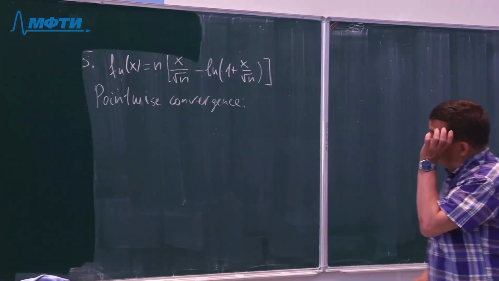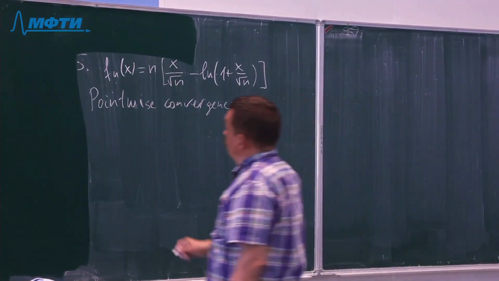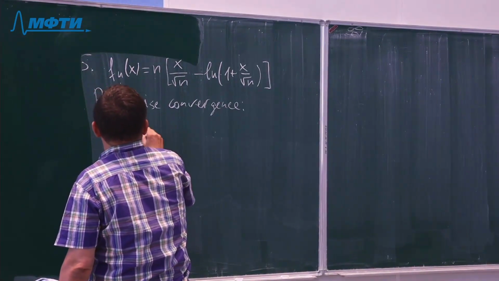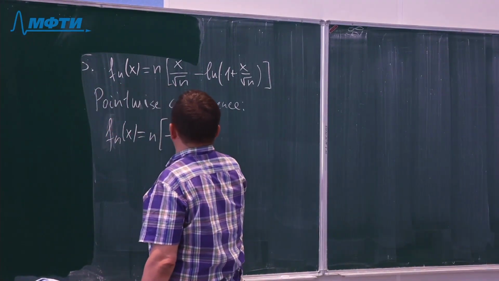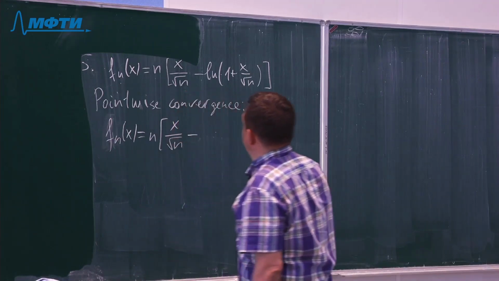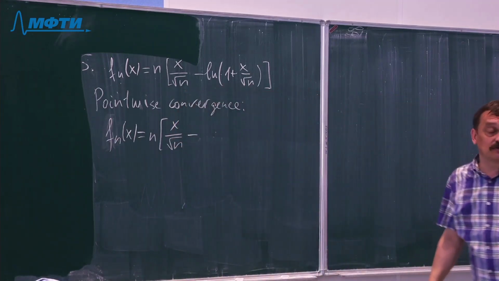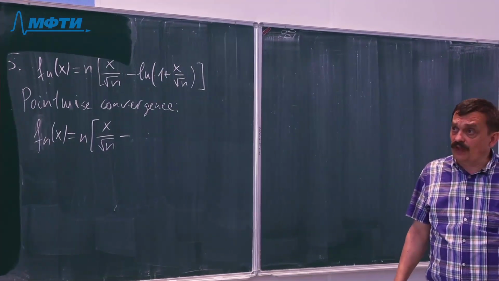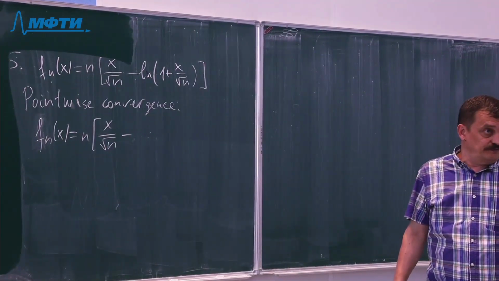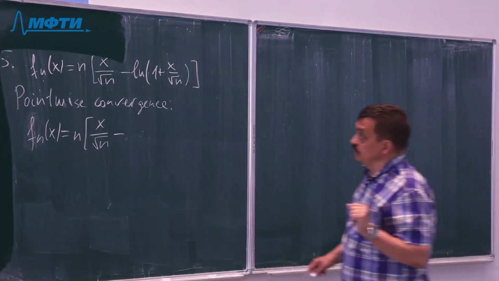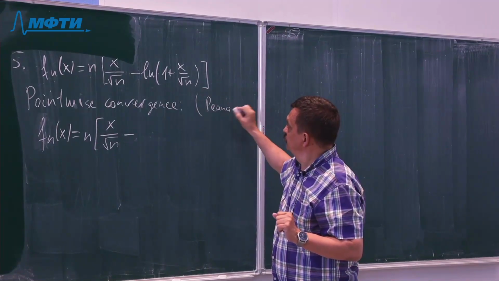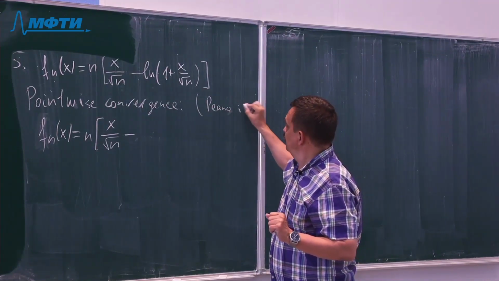Here, what can we do? We can write f_n of x equals n times x over square root of n minus, and we can use the Taylor formula with Peano form. Peano form is allowed.